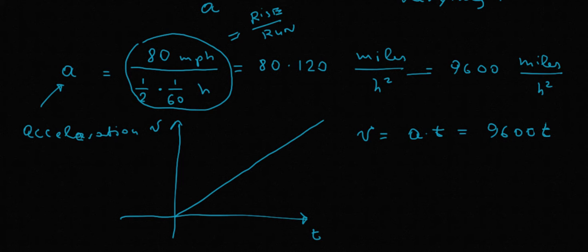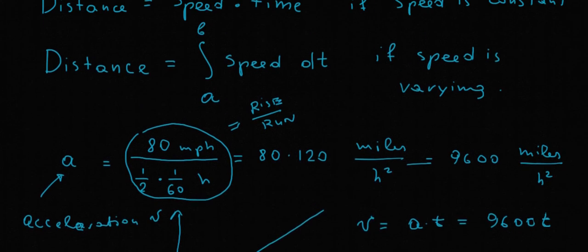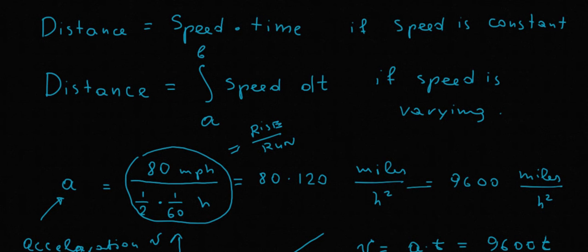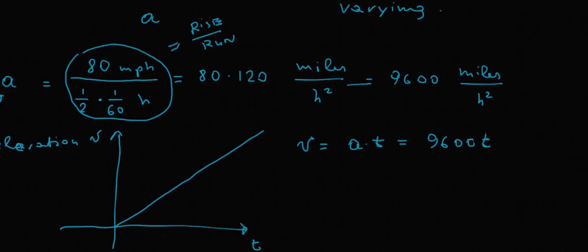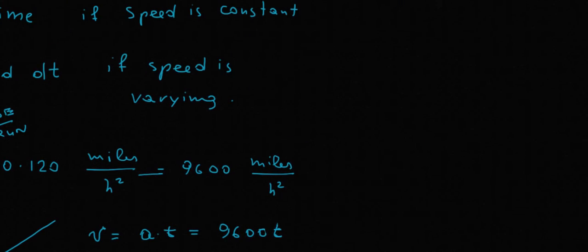Once we have this, let's apply the formula that I mentioned earlier, that to calculate the distance, we need to integrate the speed. Let's do that. Now we have a formula for the speed of the car at the moment of time t, and we can integrate that function over the time interval that we're interested in. Okay, so continue here.